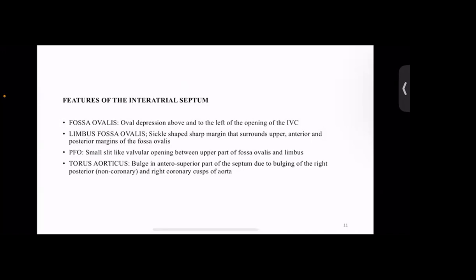Then the patent foramen ovale, which is a slit-like valvular opening between the upper part of the fossa ovalis and the limbus. And then the torus aorticus, which is a bulge in the anterior superior part of the septum due to the bulging of the right posterior non-coronary sinus and the right coronary cusp of the aorta.